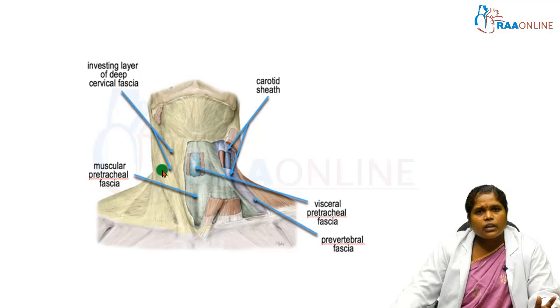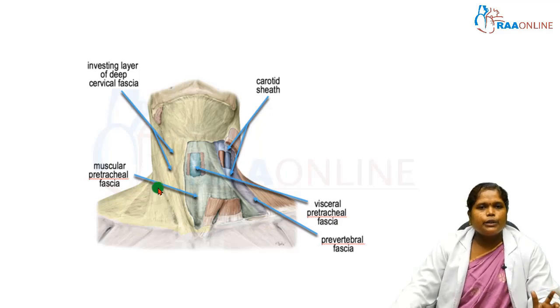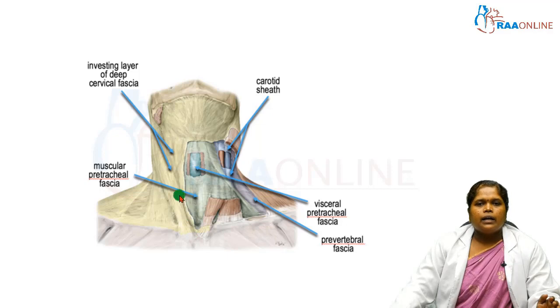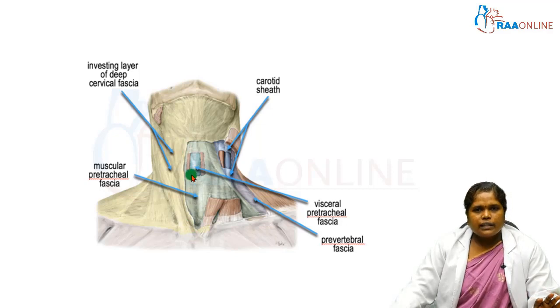Usually the deep cervical fascia is arranged into 3 layers from outer to inside. The outermost layer, the cut edge as you see here, is the investing layer of deep cervical fascia. Once you remove this layer, the next layer is known as the pretracheal layer, that is the middle layer.